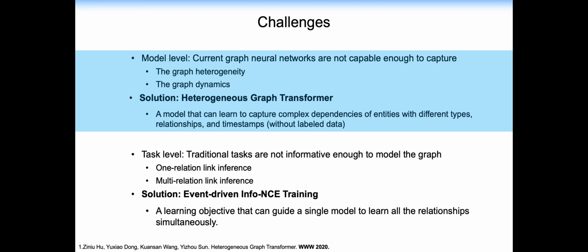To address it, we learn from contrastive learning. We present the event-driven NCE training, meaning noise contrastive estimation training. This is a very simple learning objective that can guide a simple model to learn all types of relations at the same time. Here is the basic idea of how the event-driven NCE training works.